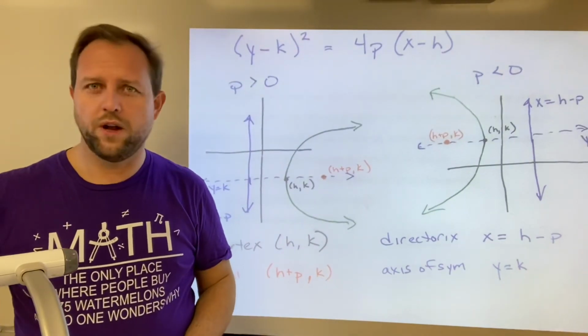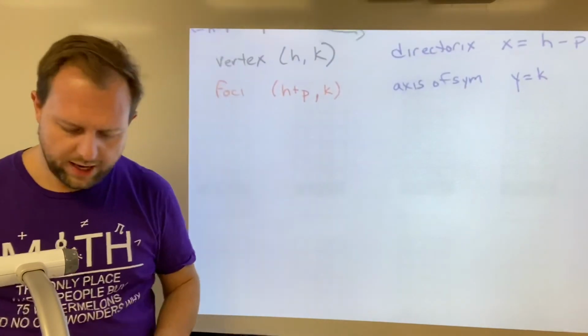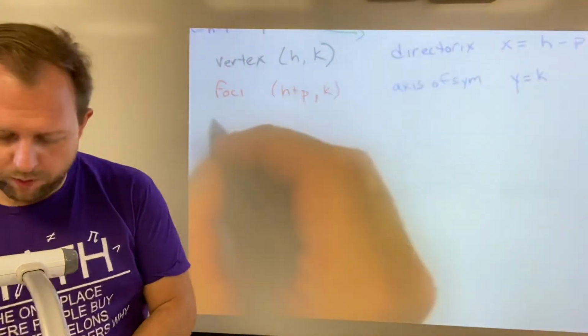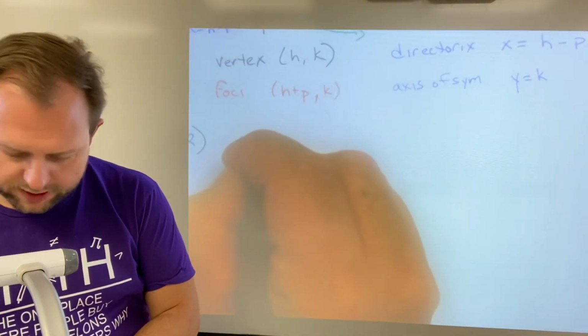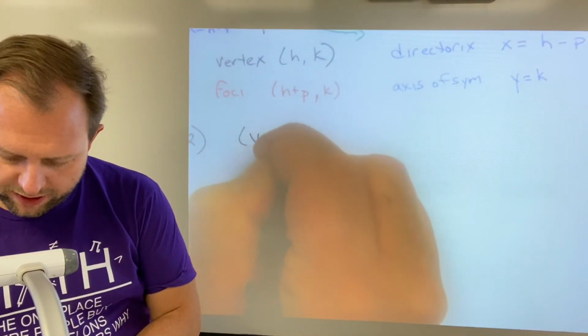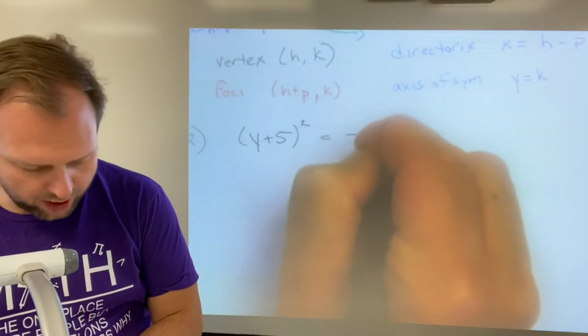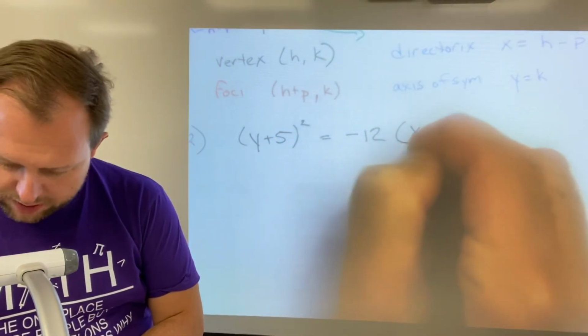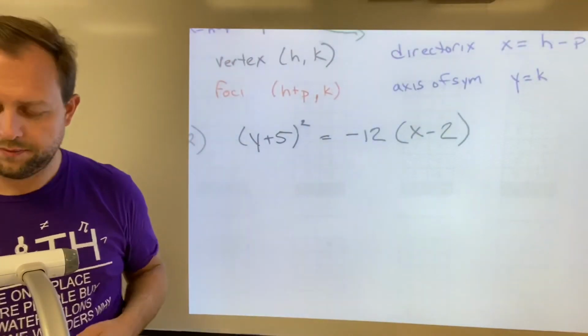So let's look at one of those examples. Again, we can tell the difference by which term is squared. So in this case, (y plus 5) quantity squared equals negative 12 times (x minus 2).